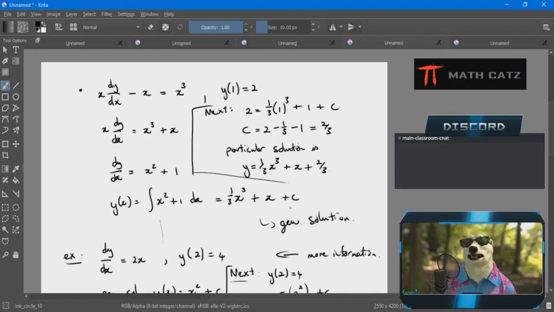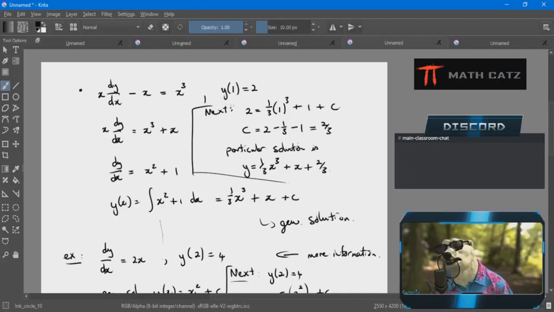So it really depends on what information is given. Regardless, I have a differential equation that is going to result in a function. That is the answer to the differential equation. And because it's linked to antiderivatives, it is going to have a c, which is really a family of answers, and we're going to call that the general solution.